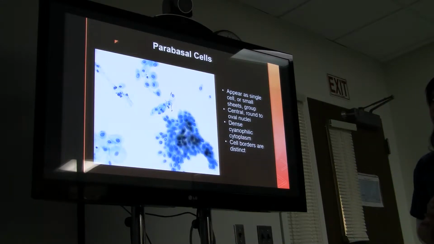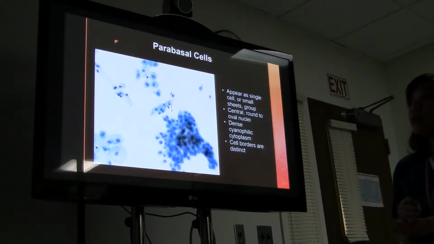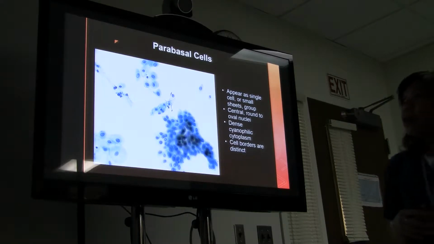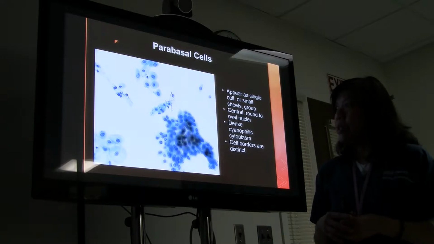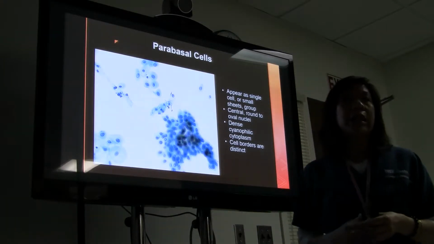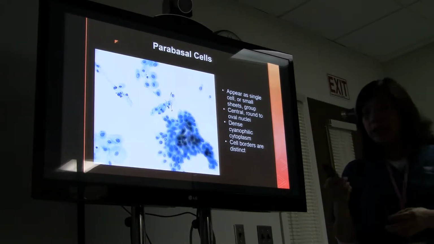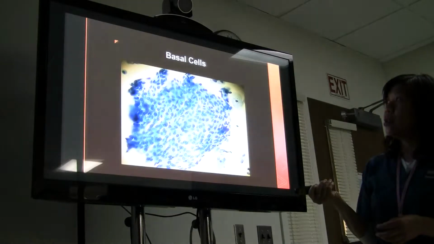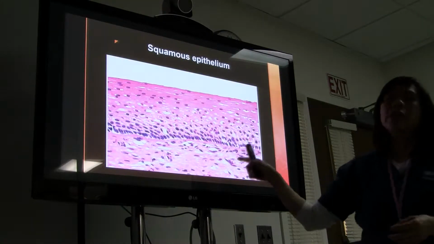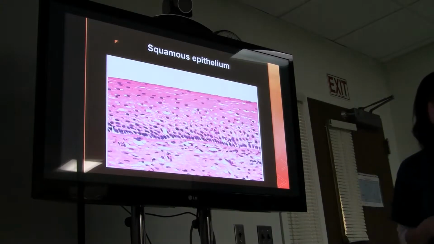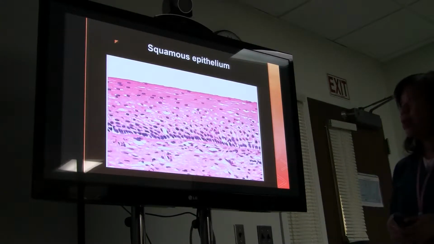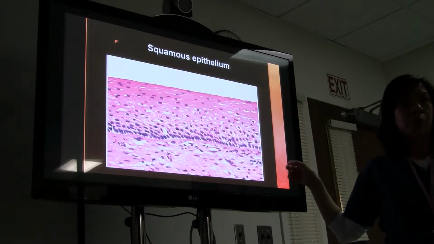Okay, Papanicolaou stain has a very good advantage: you could actually see the nuclear detail very clearly, which the H&E stain does not. H&E stain is the one used in histology. It's monochromatic, meaning that they only have pinkish, purplish color.